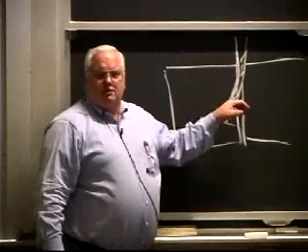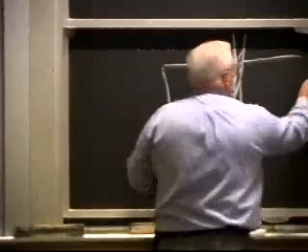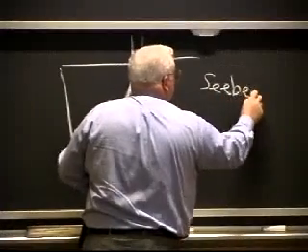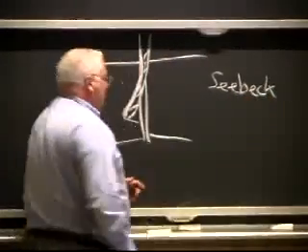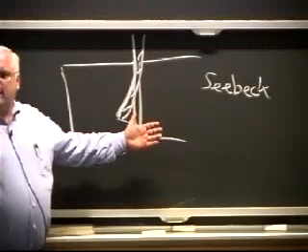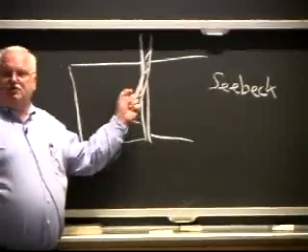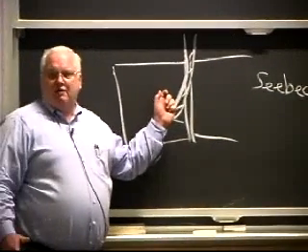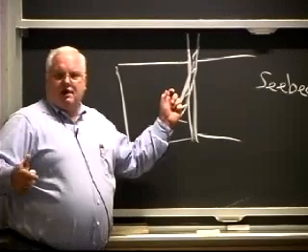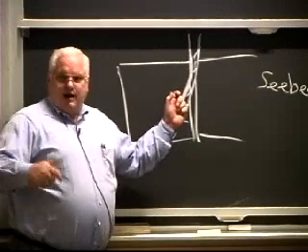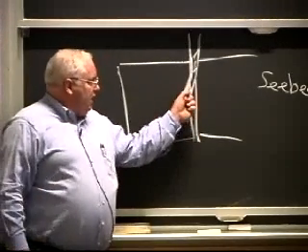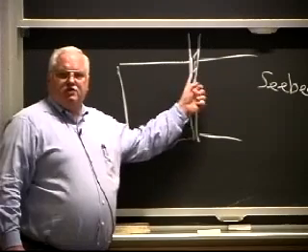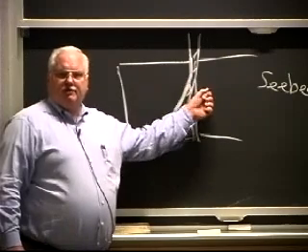I have what's called the Seebeck effect. The Seebeck effect is the same principle as the thermocouple. If I have a temperature difference in two different metals, like copper constantan or chromel alumel or platinum rhodium thermocouples, I will actually generate a voltage because of the temperature difference.